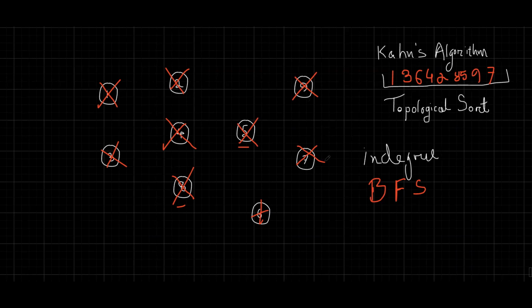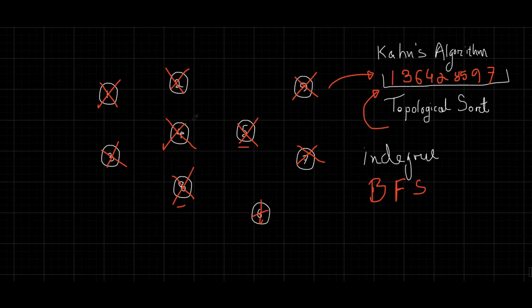Now here we have seen that in the topological sort, we have visited all of the nodes in the given directed graph, and this is the valid topological sort order. So we can decide that by using Kahn's algorithm, in this graph, we can visit all of the nodes by using the topological sort.